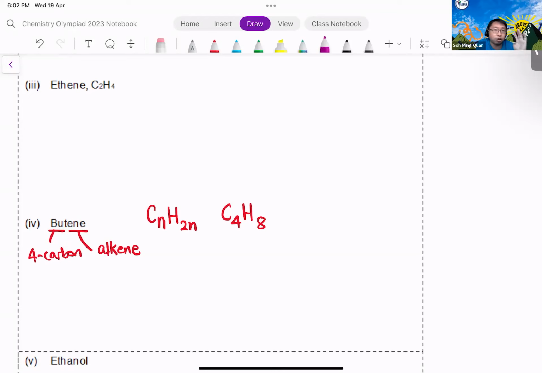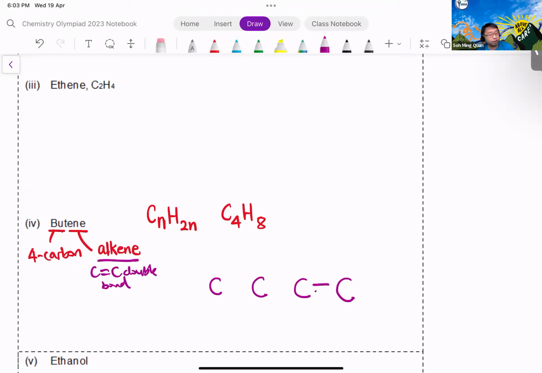Remember, the first step in drawing any organic compound, once you have the formula, is to lay out the carbon first. 4 carbons. The next step is to ask: does it have a functional group? Just now, alkane doesn't have, so it's all single bond. But alkenes do have a functional group. Alkene must have a carbon-carbon double bond.